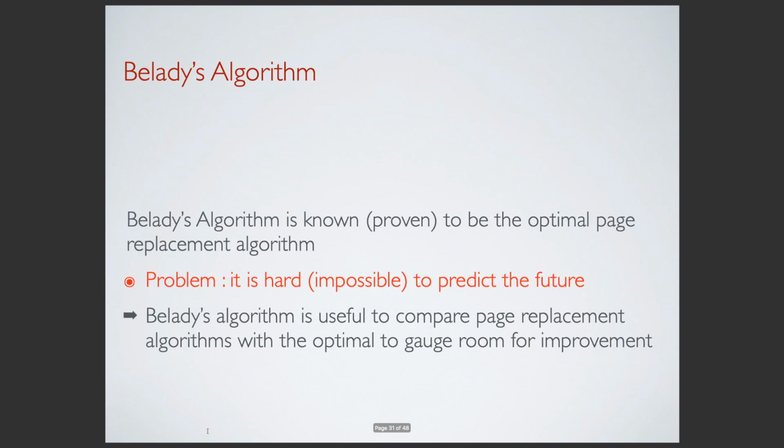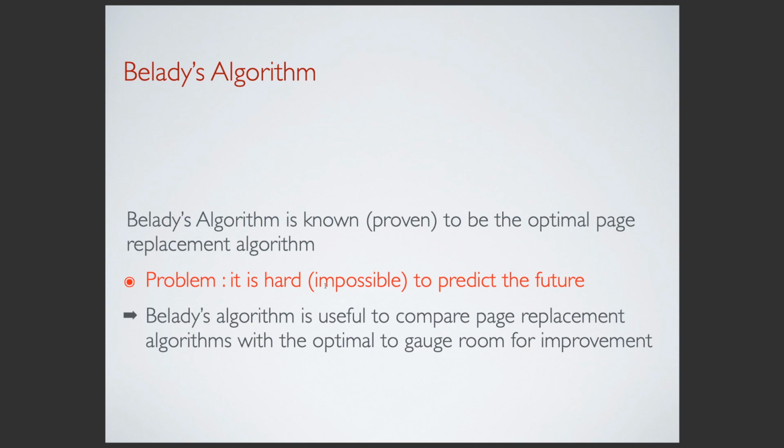All right, Belady's algorithm is nice, but it's impossible to implement. When I say impossible, it's impossible. Why? Belady's algorithm has been proven to be optimal, really optimal. But the problem is that it's impossible to predict the future, because you have a live system. You don't know which pages are going to be accessed in the future.